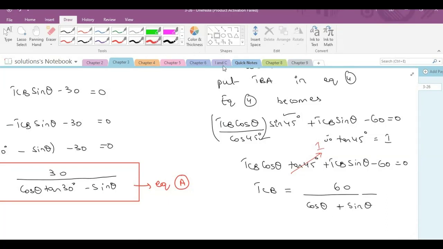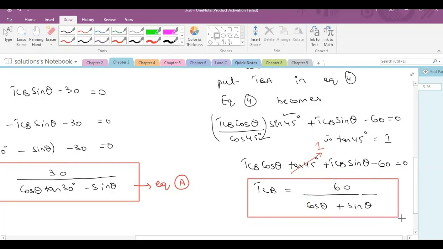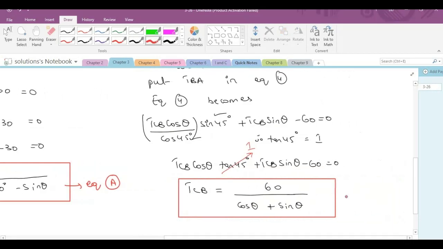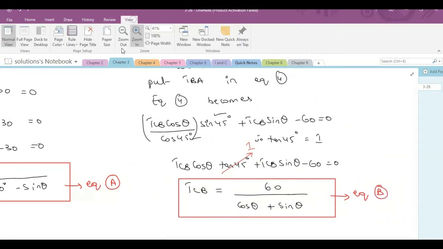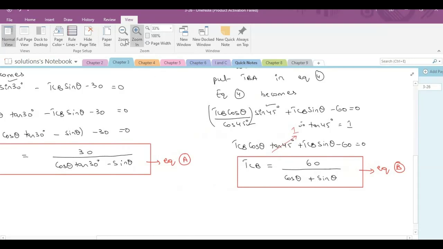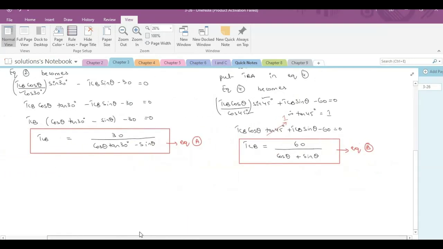Now let's call this equation B, and again this is very important equation. So now we have two equations and two unknowns.